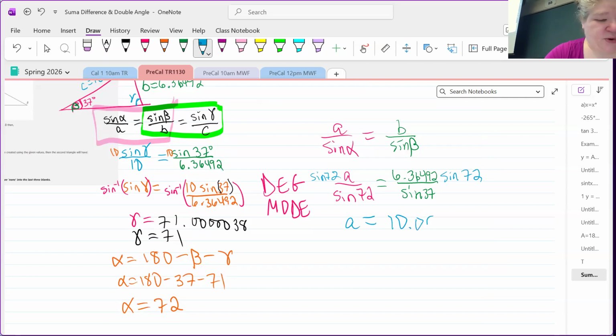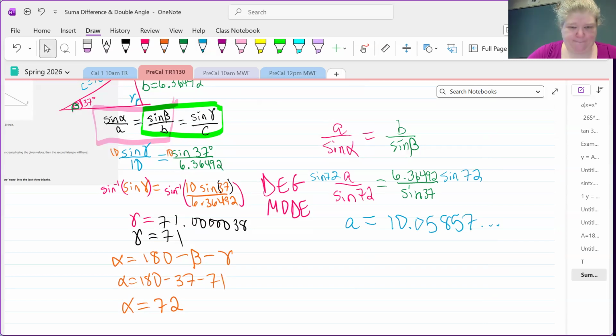A is 10.05857. All right, so alpha was 72, gamma was 71, and we just got A to be 10.05857.